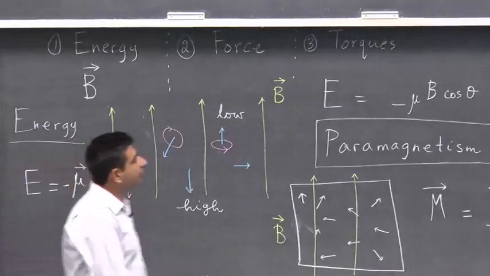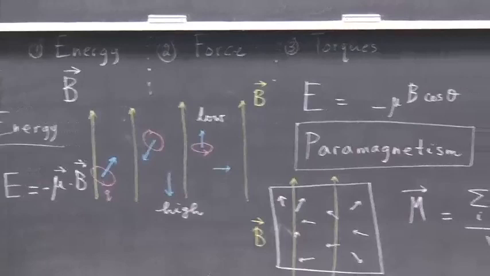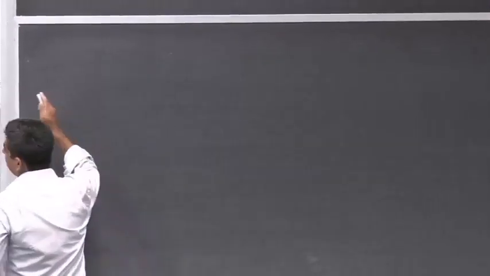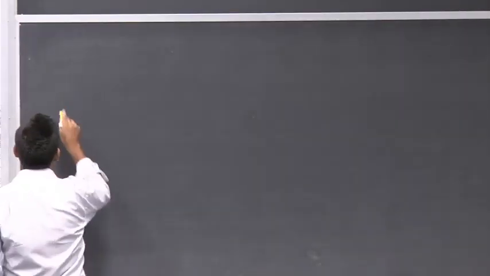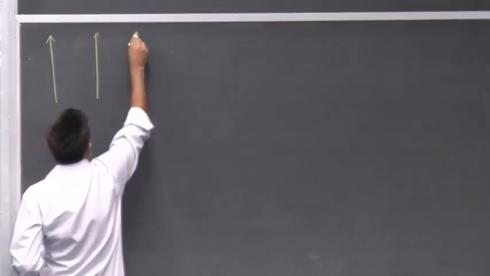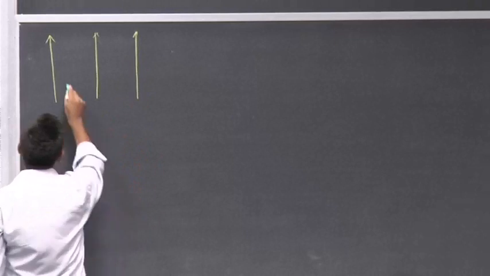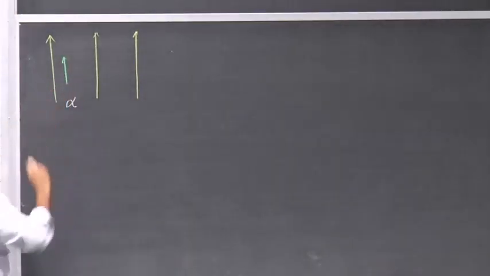And if I would like to find out the number of, okay, let's suppose that this is the magnetic field, and the spin is parallel to the field, you call this the state alpha.